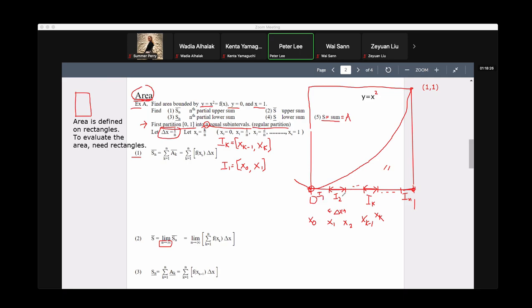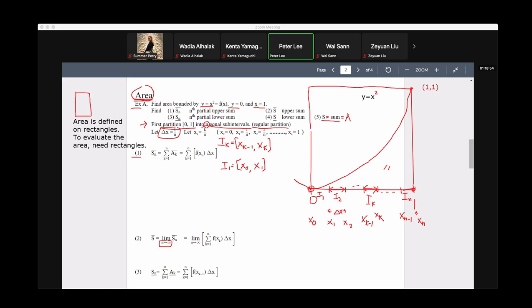The right-hand point of I sub 2 is x sub 2. The right-hand point of the kth interval will be called x sub k. And finally, for the last interval, the left-hand point is x sub n minus 1, and the last point right here will be x sub n. So we have now named all these points.